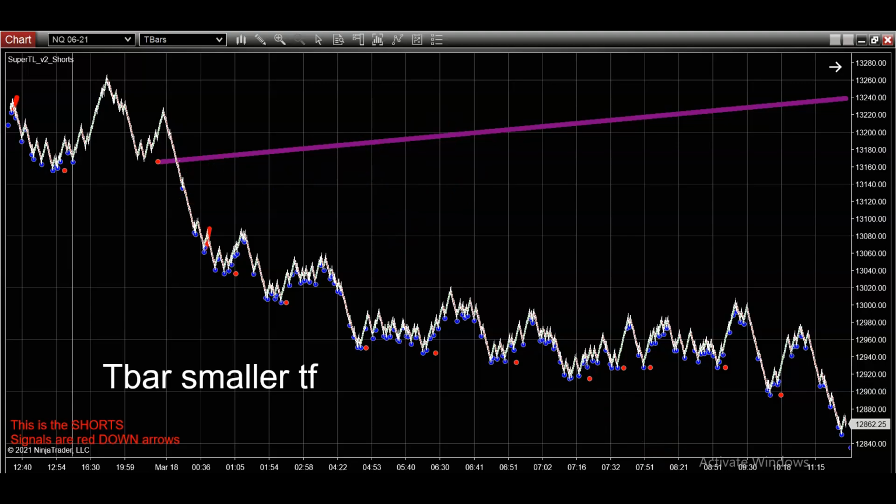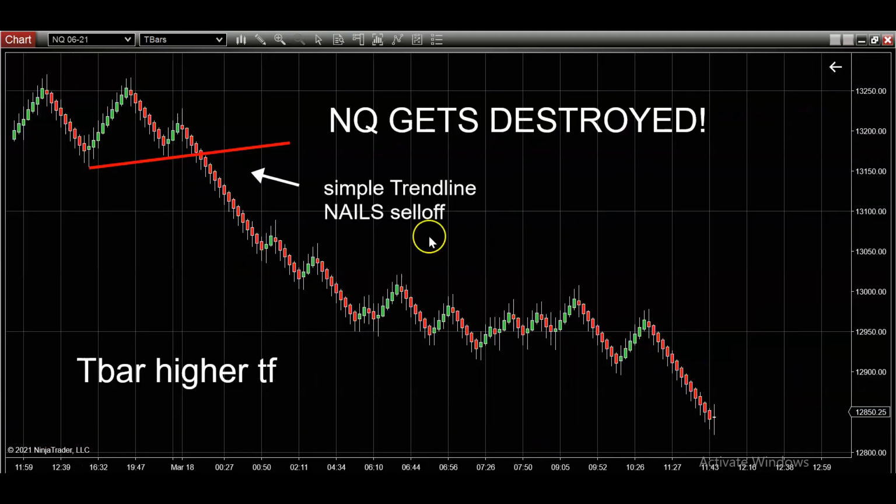Let me quickly explain to you what just happened here inside the smaller time frame chart. So what just happened here, guys, is all of these drawing objects, this trend line and all of these red dots, were drawn and captured and pulled, you could say, from this chart right over here, the higher time frame chart.